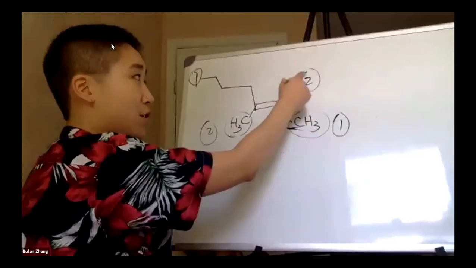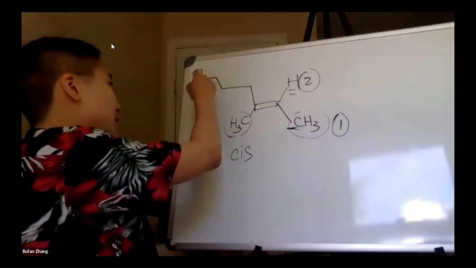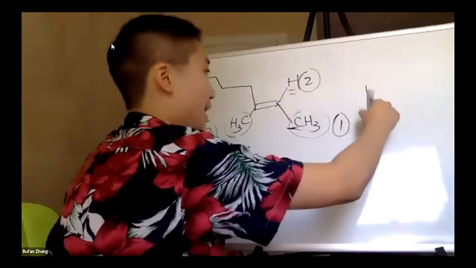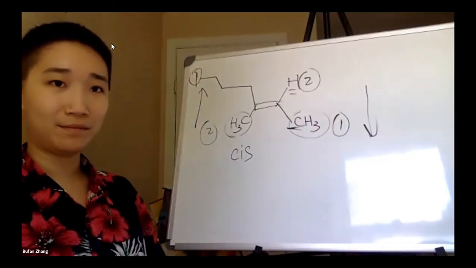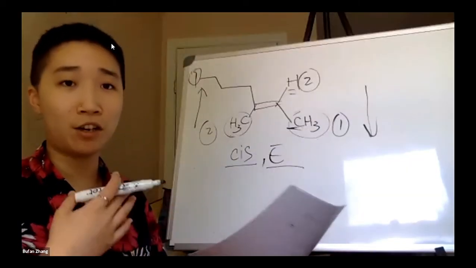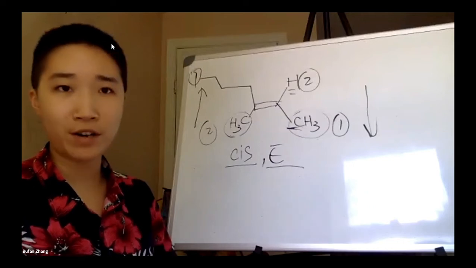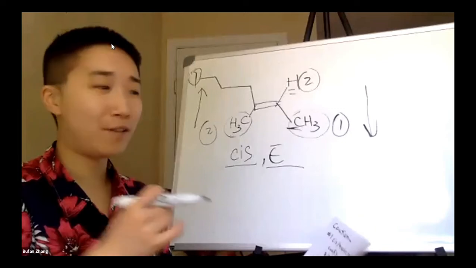That's absolutely right, because the first atom is carbon versus here it's a hydrogen. So my arrows are pointing up and down. Therefore, it is E or Z. It is going to be E. So in this case, it is cis and E. Cis versus trans and E versus Z do not correlate in this case. So be very careful. It's okay to use either during an exam. Just don't ever mix those up.